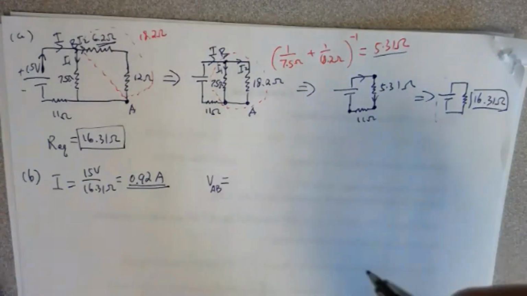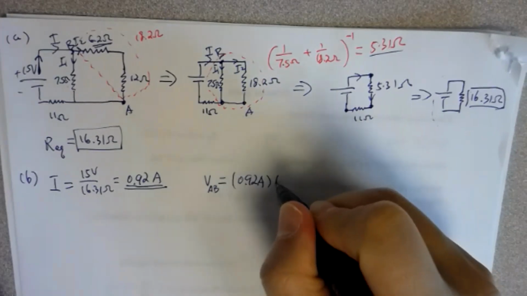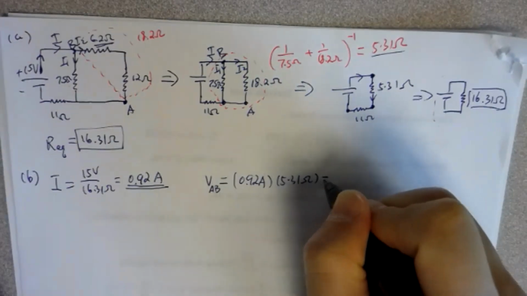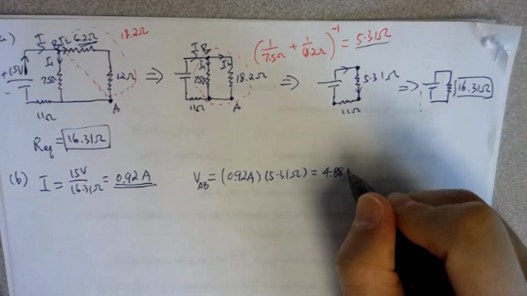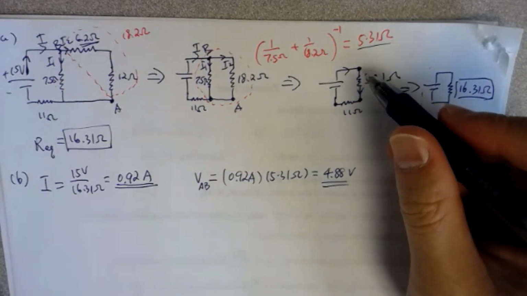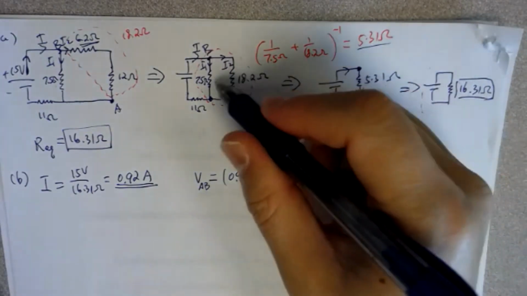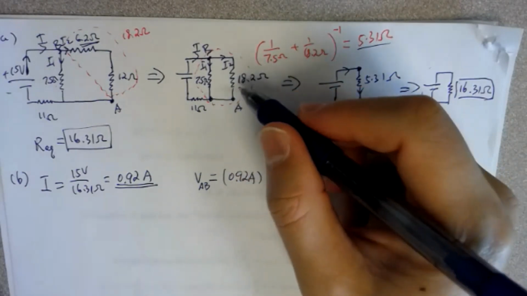0.92 amps times the 5.31 ohms, which is 4.88 volts. That is the voltage across the combination, which is the same as the voltage on each of them.